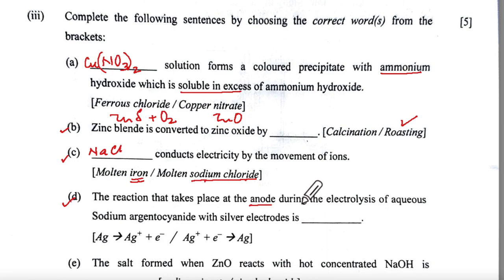So your silver, which is Ag, is going to form Ag+ by losing an electron. So which one of these is here? Ag is here, but this electron, if you bring it here, won't it be like this? So the correct option is Ag gives Ag+ plus 1 electron.